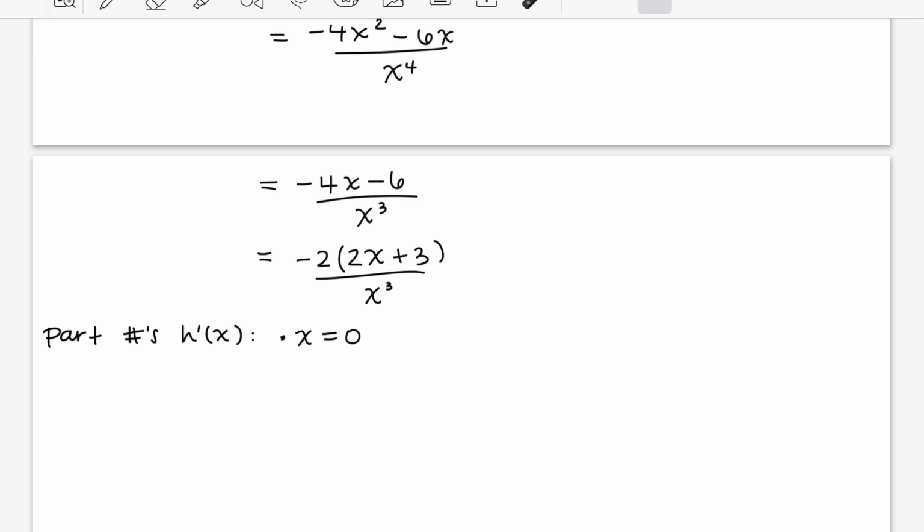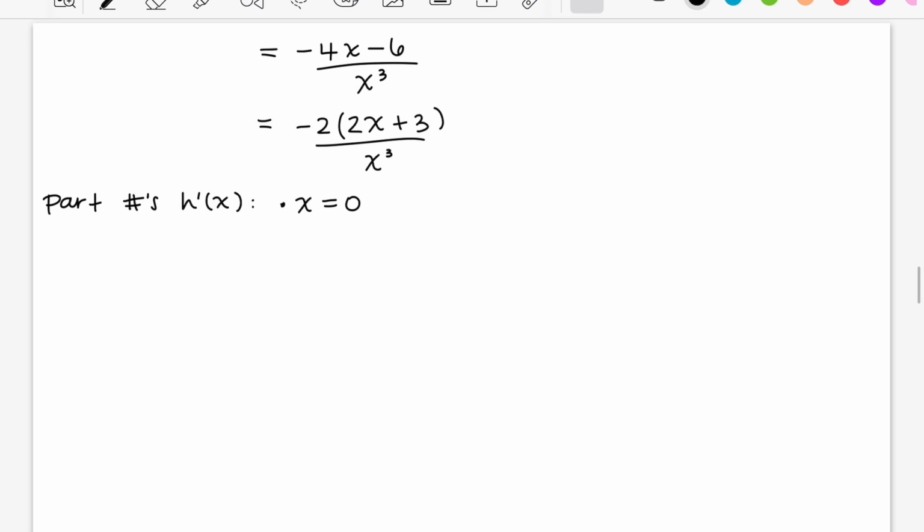And then the next one will occur when this guy is equal to 0. Alright, because we know that in order for this to be equal to 0, this top function, our numerator, needs to be equal to 0.